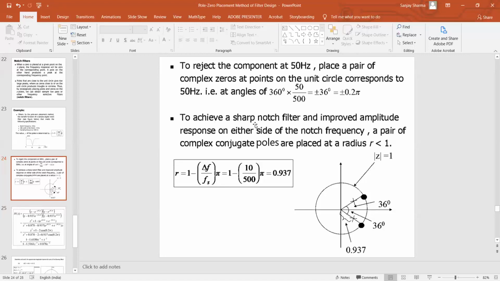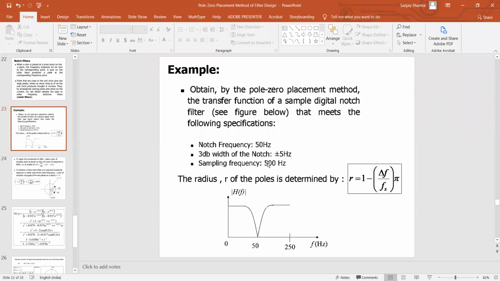Now, to achieve a sharp notch filter and improved amplitude response on either side of the notch frequency, a pair of complex conjugate poles are placed at radius 0.937. How do we get the radius? Radius will be equal to 1 minus delta f divided by Fs times pi.